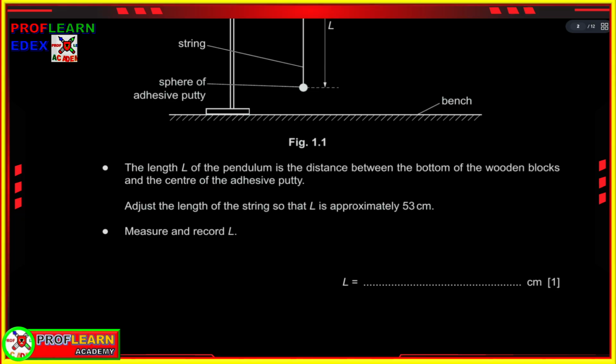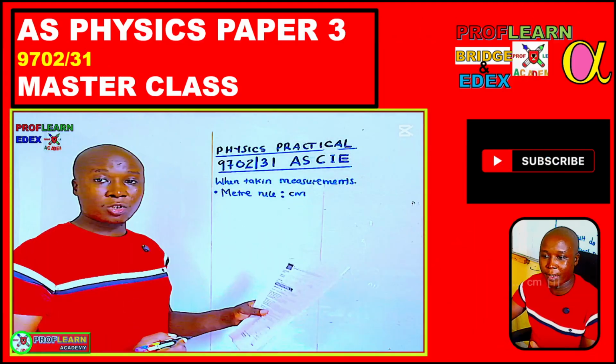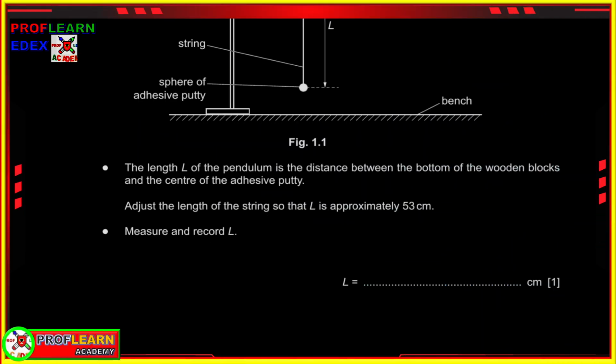The main reason is to check whether you really understand the number of decimal places when you are taking a measurement using a meter rule. So when you are recording this measurement L, you are going to record correct to 1 decimal place. And that is exactly what Mr.